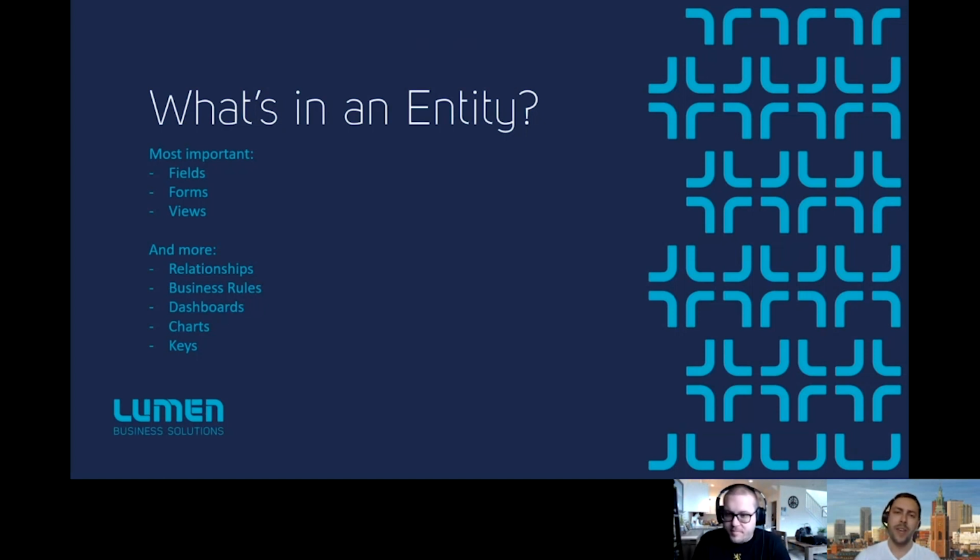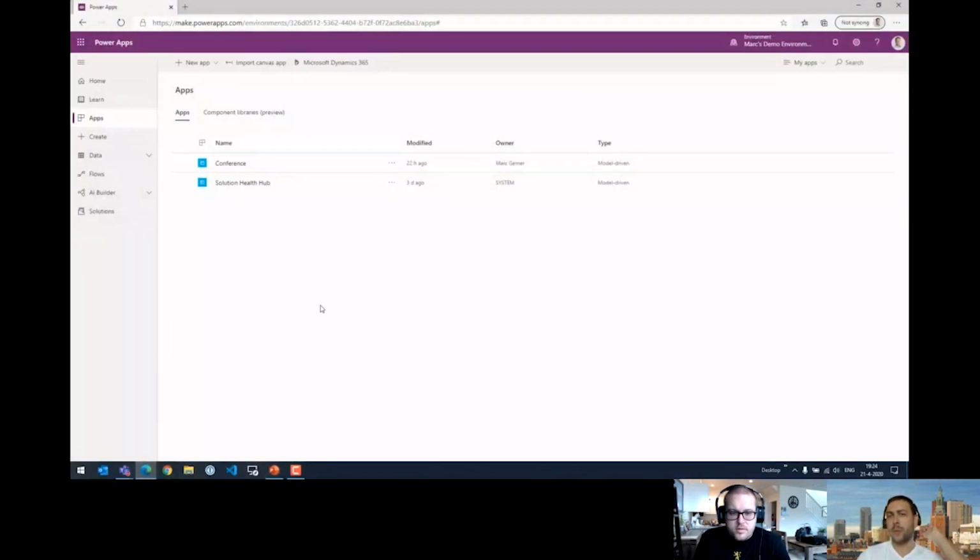So what we should do is just create an entity. While I'm creating it, I'll show you what kind of data is in there and what you can do with an entity. I already opened up a totally new environment, and I created a very simple app called Conference.